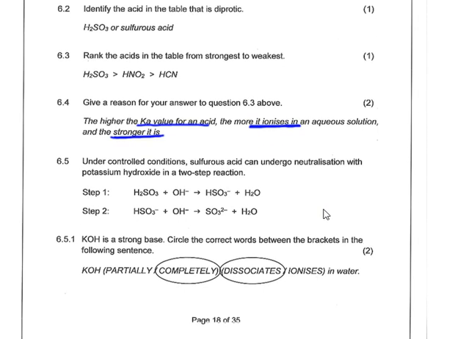Then under controlled conditions, sulfurous acid can undergo neutralization with potassium hydroxide in 2 steps, and there are the 2 steps. KOH is a strong base. Circle the correct words between the brackets in the following sentence. If it's a strong base, we know that KOH is a metal with OH, the hydroxide polyatomic ion.